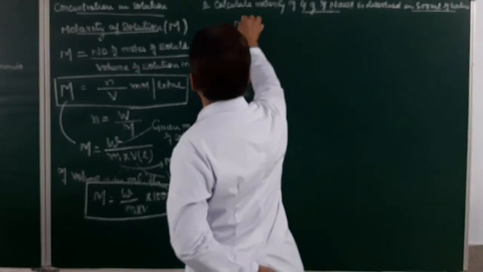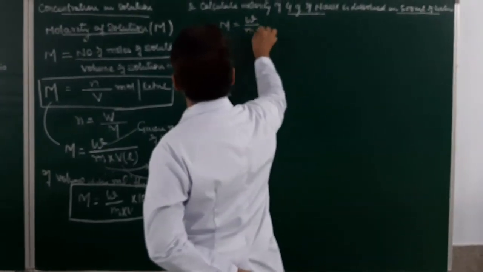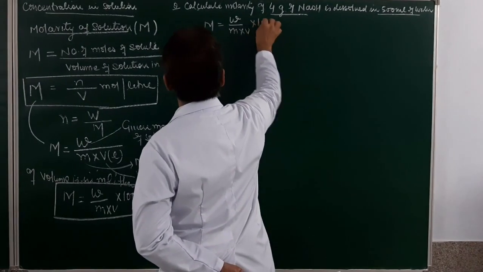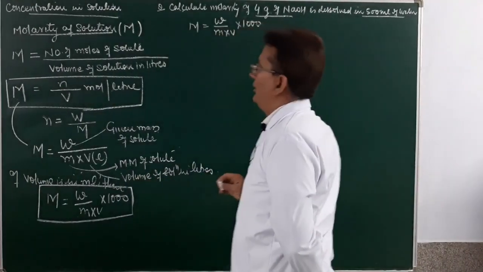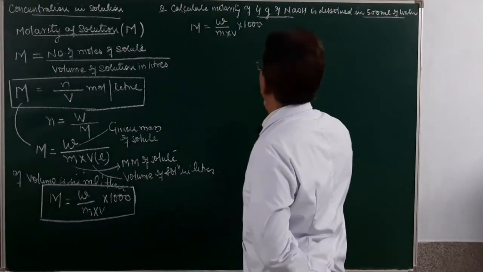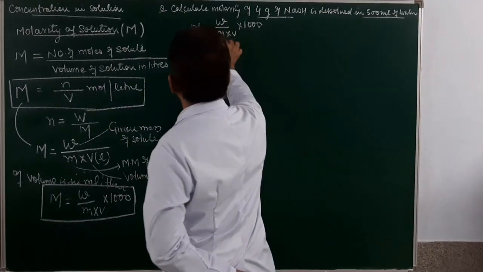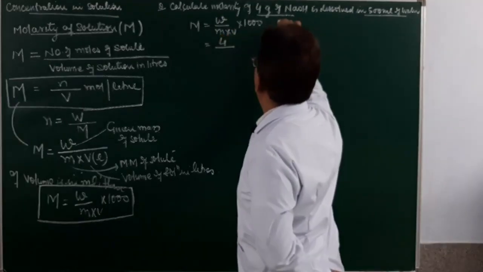Molarity formula will be W upon M into V into 1000. What is the given mass of sodium hydroxide over here? 4 gram. So this will be equal to 4. What is the molecular mass of sodium hydroxide? 40. How?